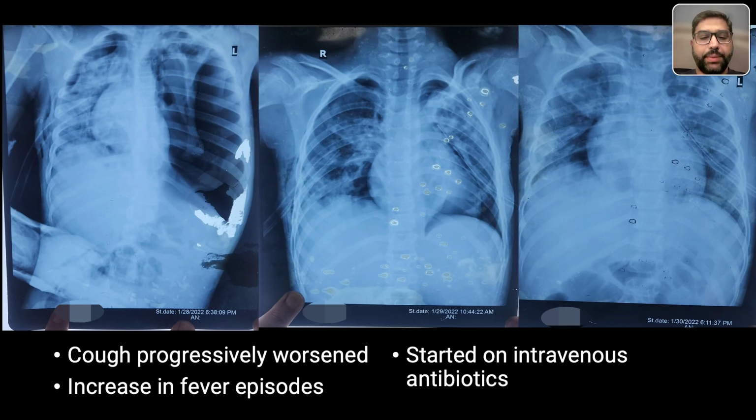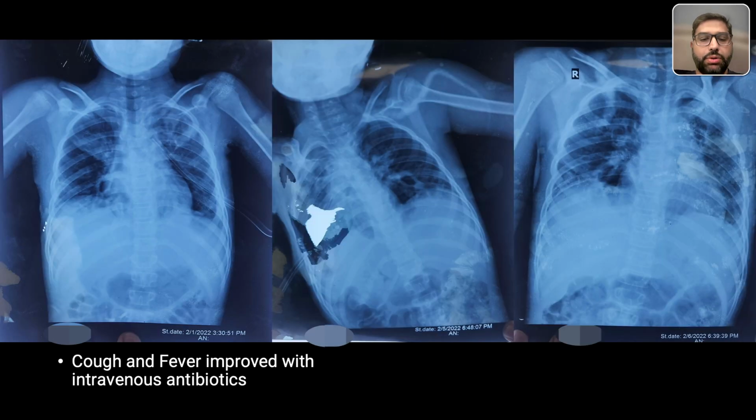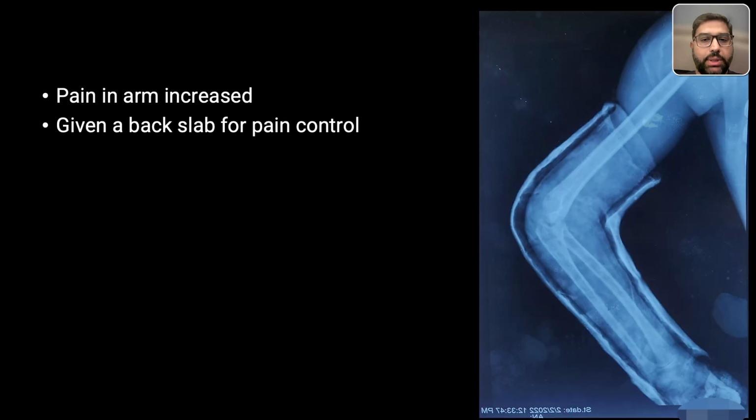She was started on IV antibiotics. After a course of a week or 10 days, her chest symptoms subsided and her fever improved. But once the therapy was stopped, she again had pain in her arm, for which she was given a backslab for pain control.